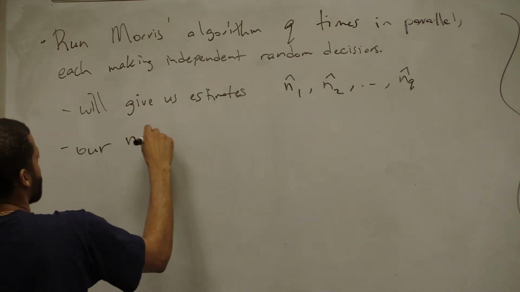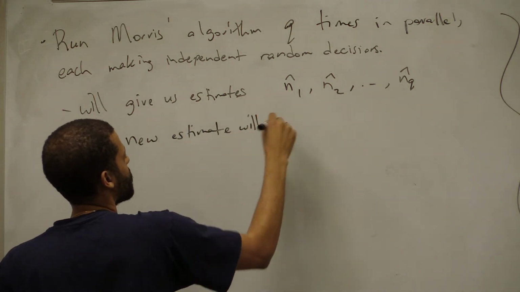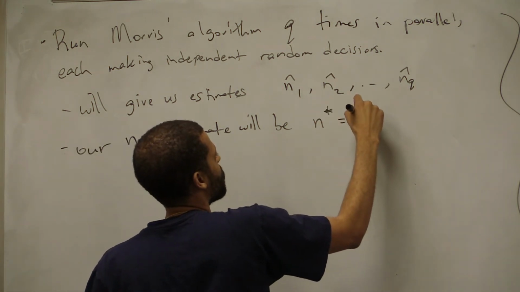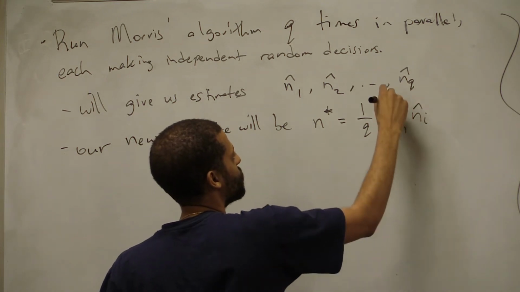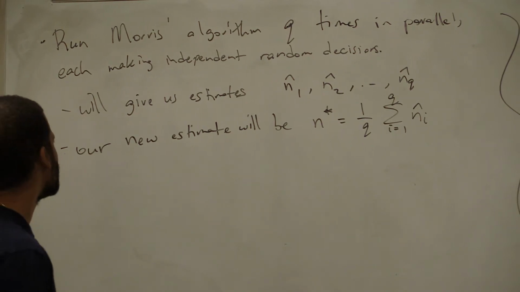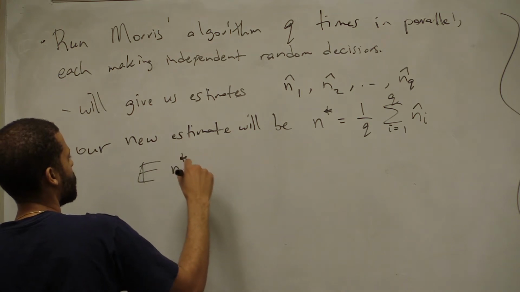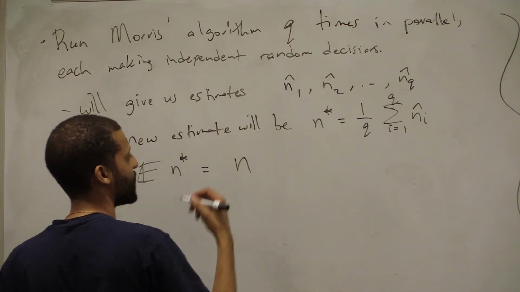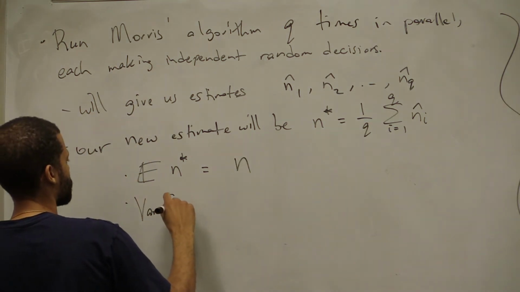Our new estimate will just be their average, and I'll call that n star, which is just 1 over q times the sum of ni hat, i goes from 1 to q. Notice that the expectation of n star is still, by linearity of expectation, n.